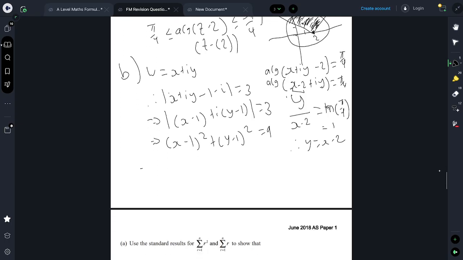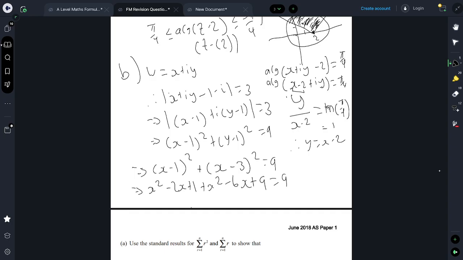So now we've got two simultaneous equations, so substitute one into the other. Therefore, (x minus 1) squared plus (x minus 2 minus 1, that is x minus 3) squared is 9. So this would be a quadratic for x. Therefore, x squared minus 2x plus 1 plus x squared minus 6x plus 9 equals 9.